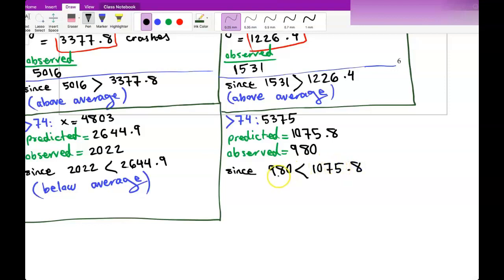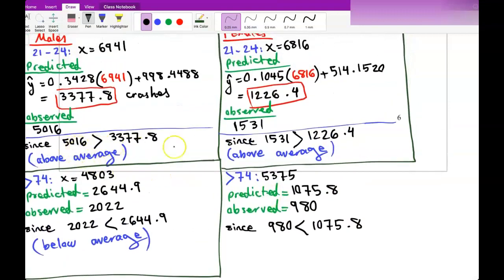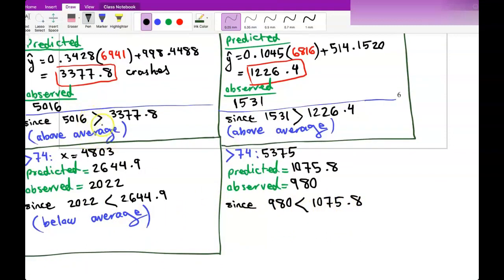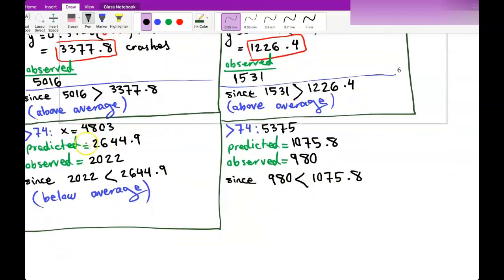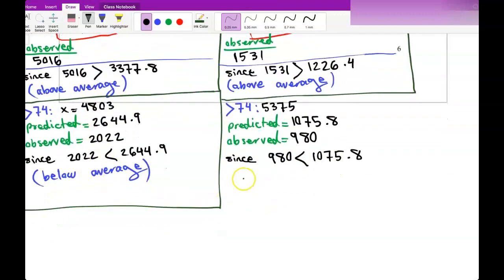If you notice, I always started with observed first for all of these, and then on the right side I have predicted, and then see if you have greater than or less than. When you have greater than, that is above, and when it's less than, it's below. So here again we have below average.